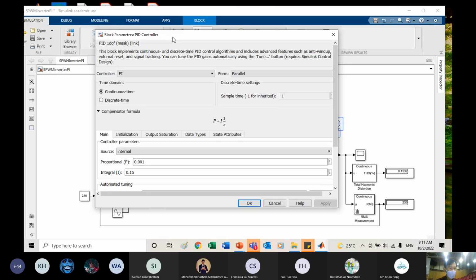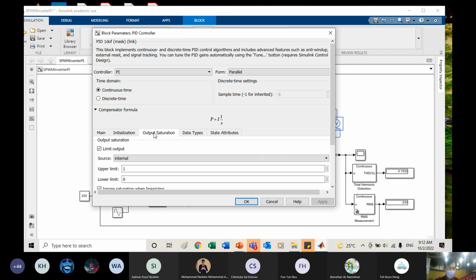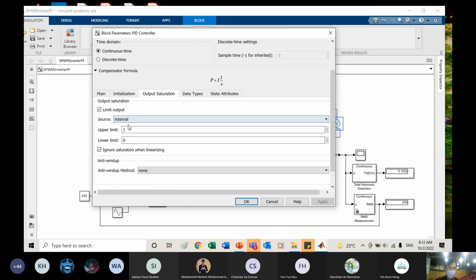So you set 0.001 for P and 0.15 for I. And for output saturation, the upper limit is 1, the lower limit is 0. You have to set the output limit.